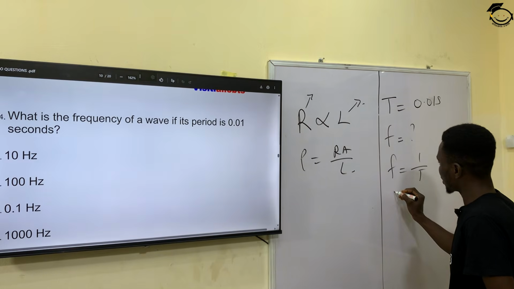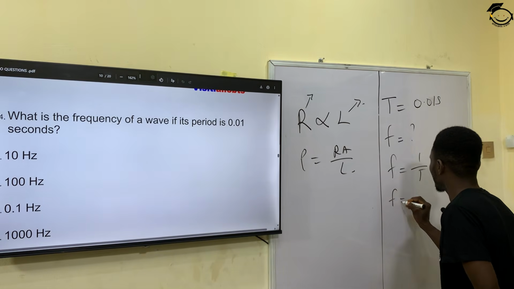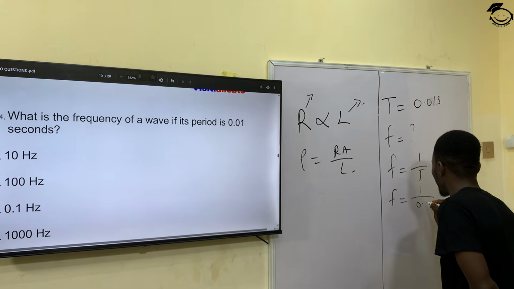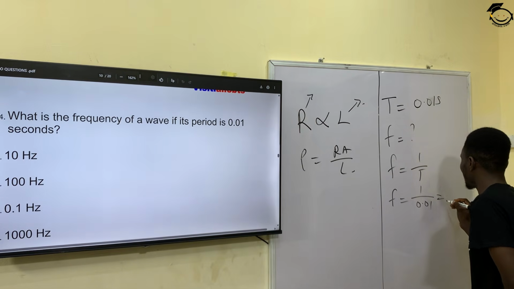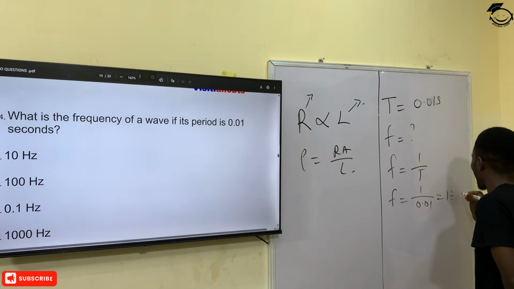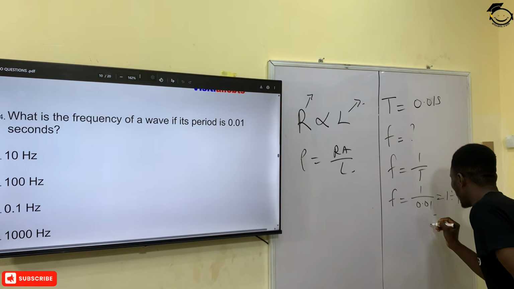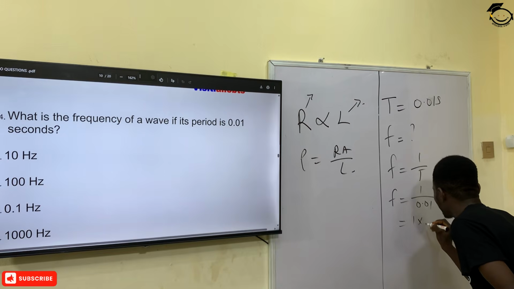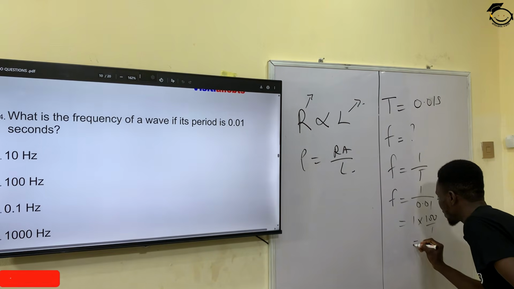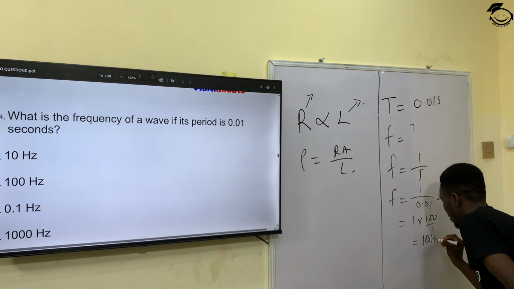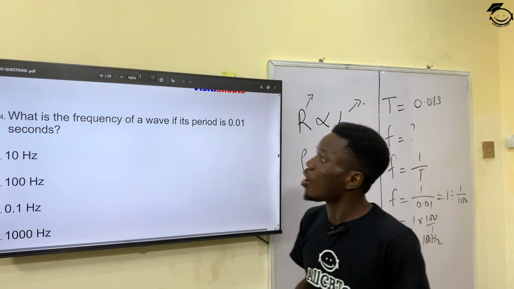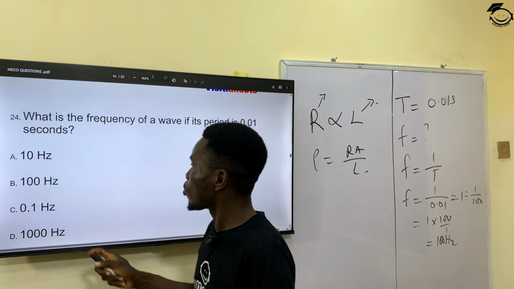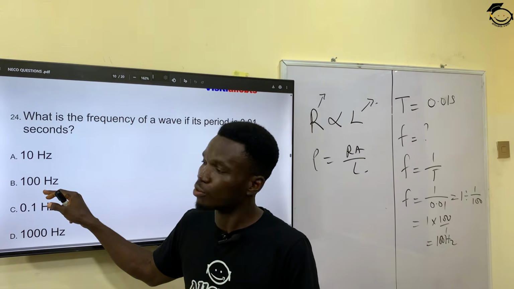So frequency is 1 over 0.01, which is 1 divided by 1 over 100. That means 1 times 100 over 1, which is 100 Hz. So the frequency of this particular wave is 100 Hz, which is option B.